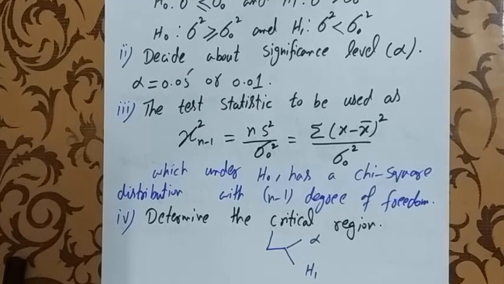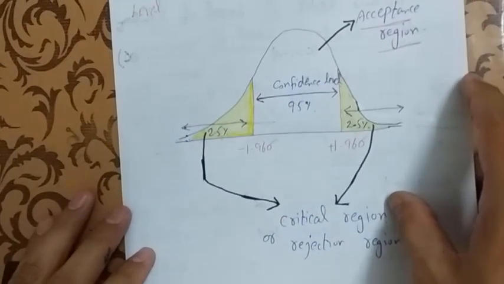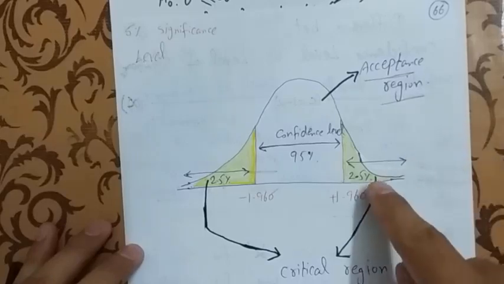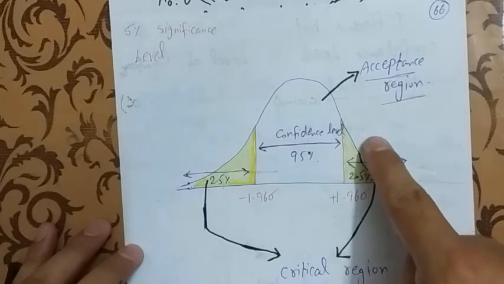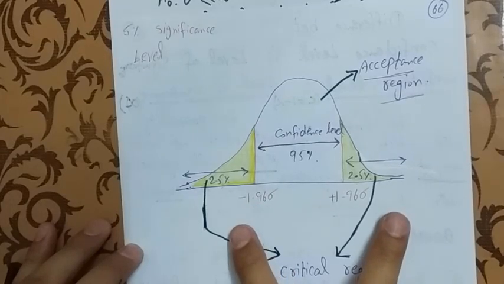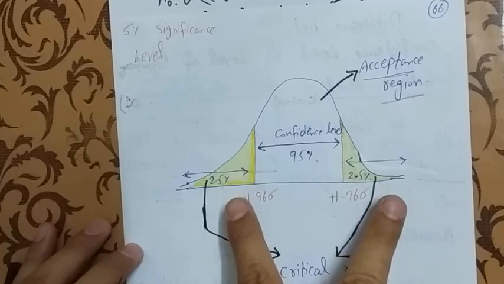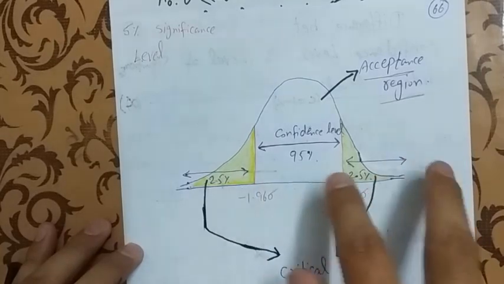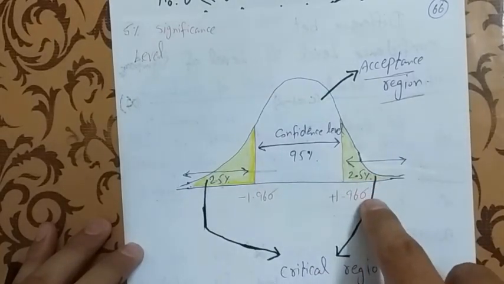Class, in the previous lecture I made a diagram like this for a 5% confidence level. This is a bell-shaped graph, and these are the two tails. If we apply the two-tail test, then the end points of the bell-shaped graph are the critical regions about sigma.